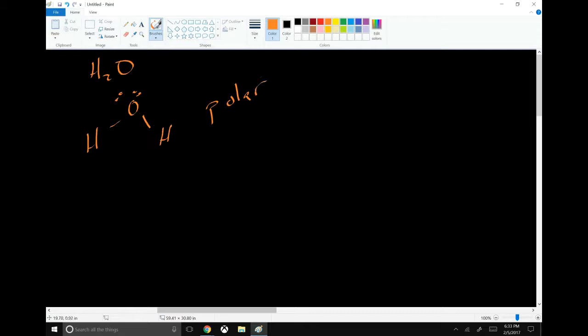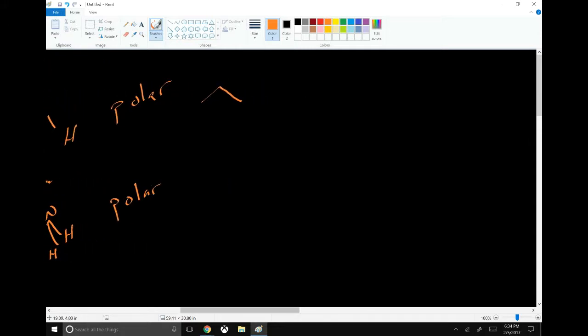That gave it a broken symmetry. It's bent like that. Similarly, ammonia has that trigonal pyramidal shape. Nitrogen up top, bound to 3 hydrogens down below, and then a non-bonding pair. Ammonia is also polar.